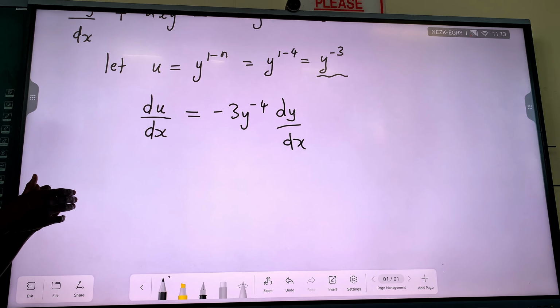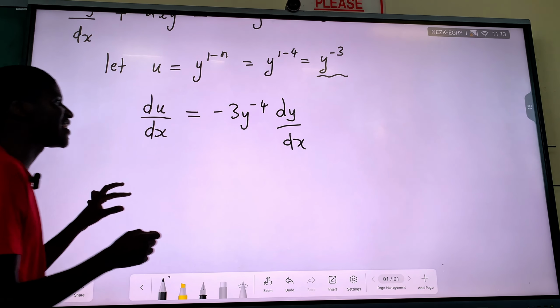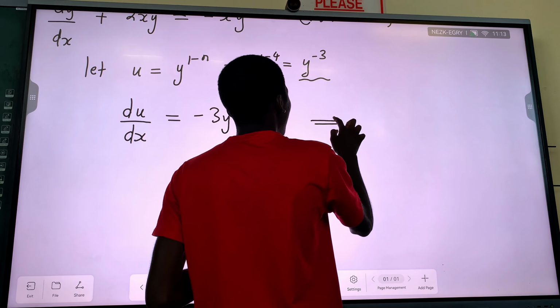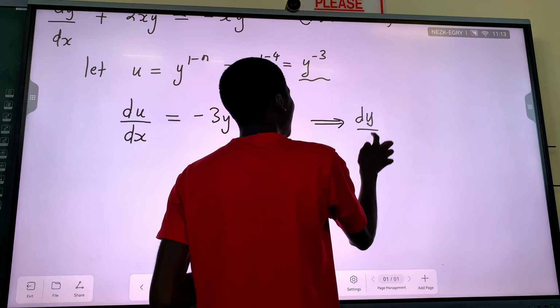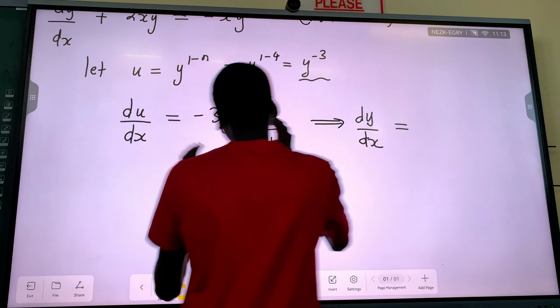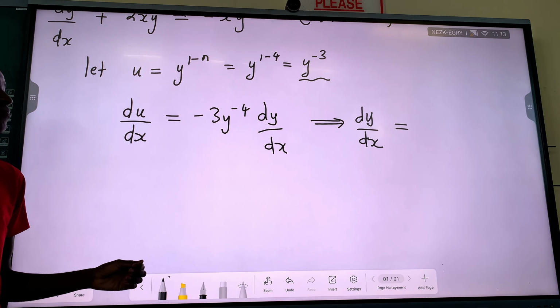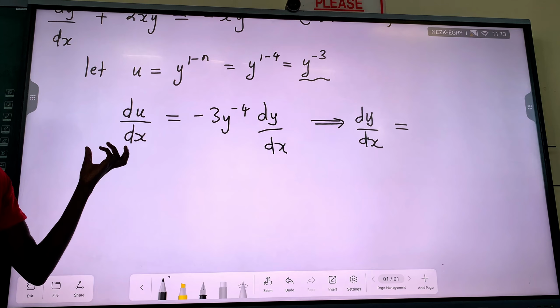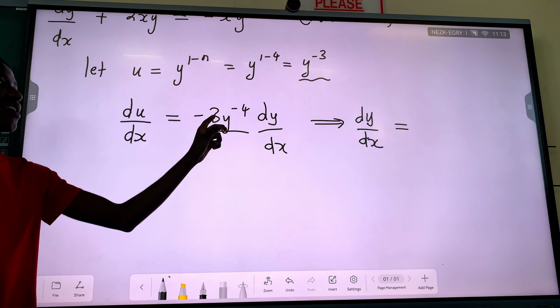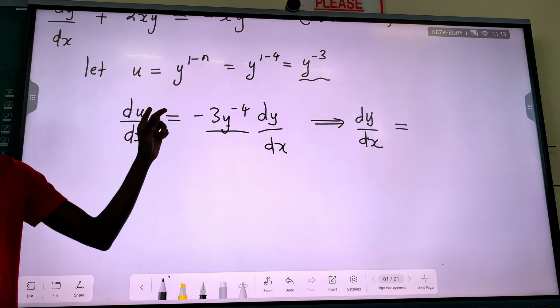Let's do a quick math lana. Siyenza isheshe. Quick maths. What is going to be my dy dx? Angeke science step by step. Dy dx. Let's just do dy dx. Uze ngithanda dy dx ngenza njani lana? Ngidivide nobani no negative 3 y to the power negative 4 on both sides angisho.